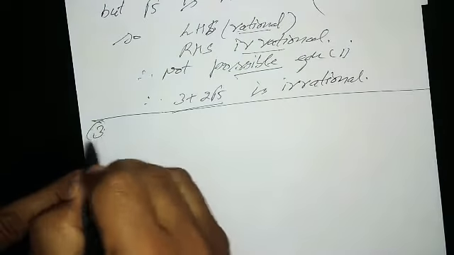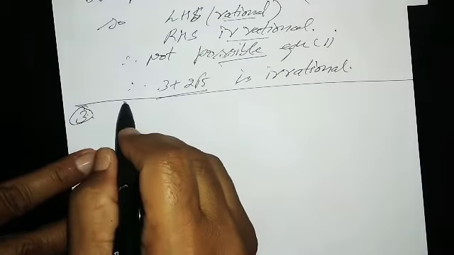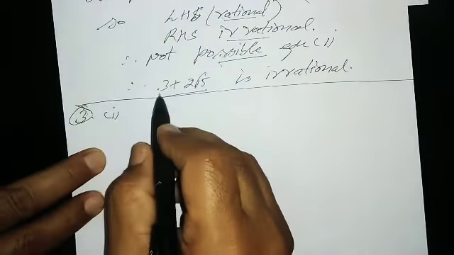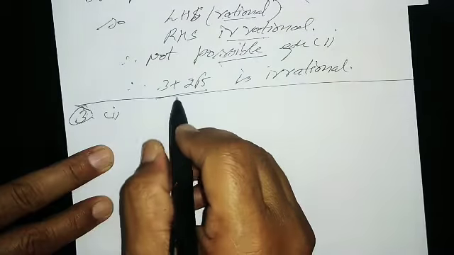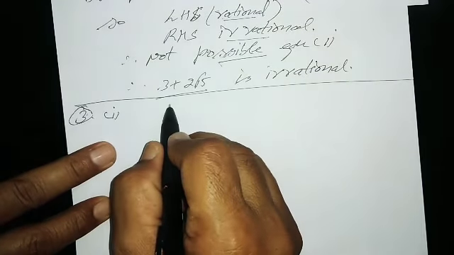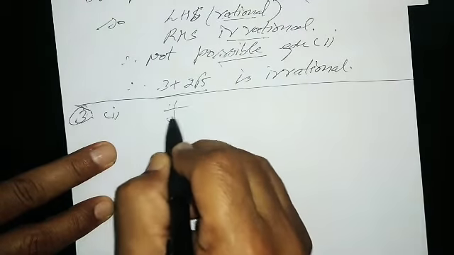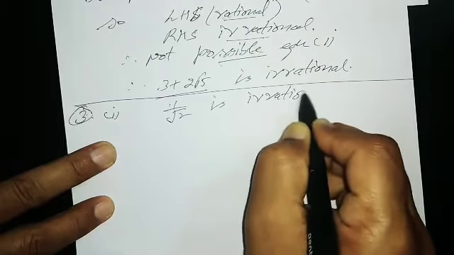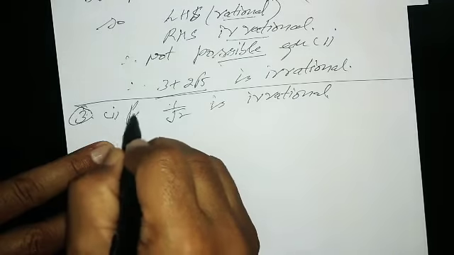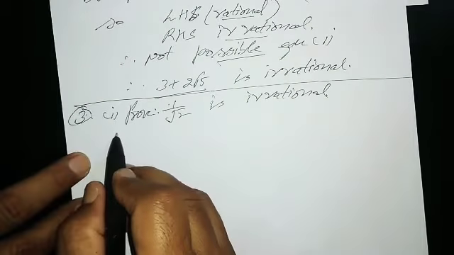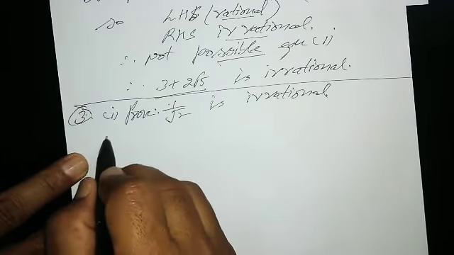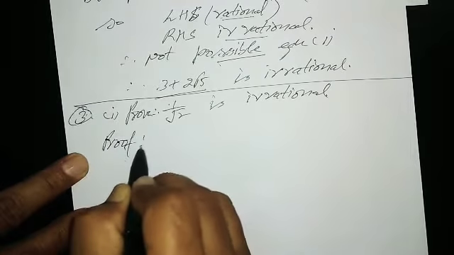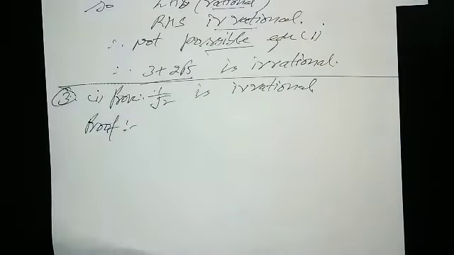Now come to question number 3. In question 3 we have 3 parts, and the first part is that we have to prove that 1 by root 2 is irrational. The process will be the same as in the above questions. We have done that.